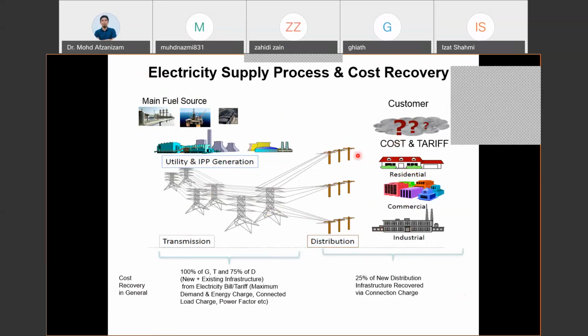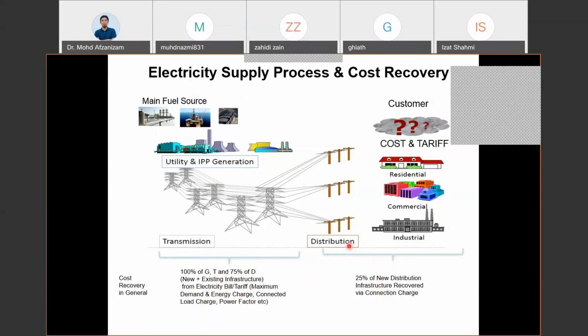Cost of recovery in general. 100% of GTD, where G is the grid, T is transmission, D is distribution: new plus existing infrastructure, energy charge, connected load charge, power factor, etc. Meaning 25% of the new distribution infrastructure is recovered via connection charge.